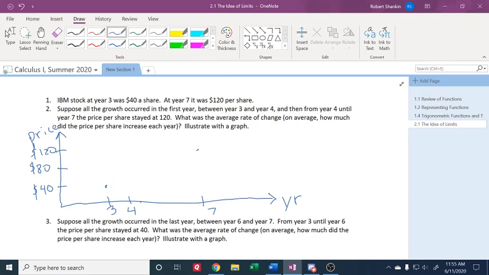All right, let me ask group 5. On average, how much did the price per share change each year? It changed by $80 a year. $80 per year. Okay, and how did you get the $80?